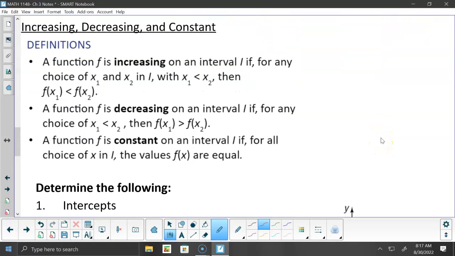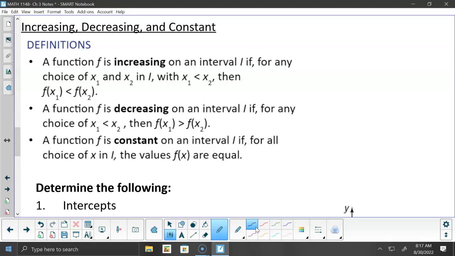Up next, we've got increasing, decreasing, and constant. So these are the book definitions. And I don't necessarily want you to write those quite yet, because let's be honest, those are a little excessively technical.